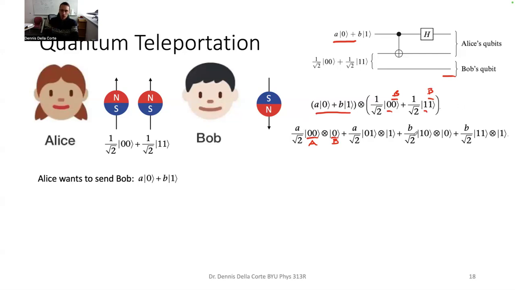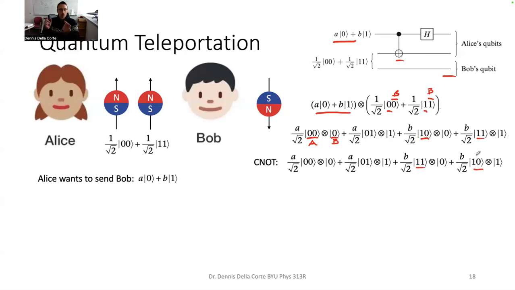And you do that for all of the 4 terms, and then you end up with this expression. If you send this expression now through the CNOT gate, which is what we do here, then the CNOT gate is going to take the 1, 0 and turn it into a 1, 1, and the 1, 1 into a 1, 0. Right? This CNOT gate was permuting the basis vectors. Okay.